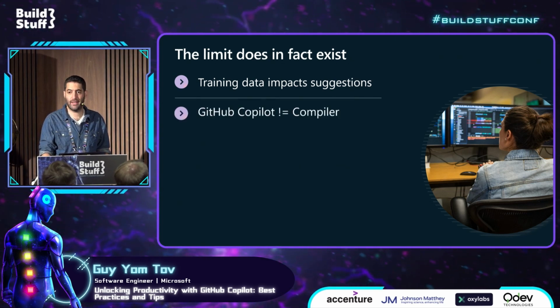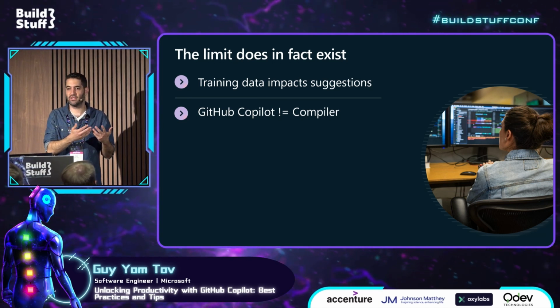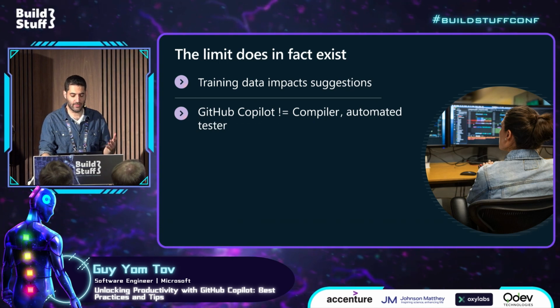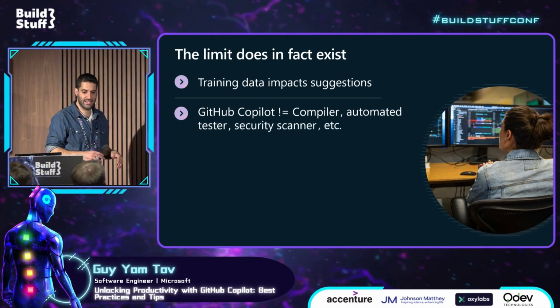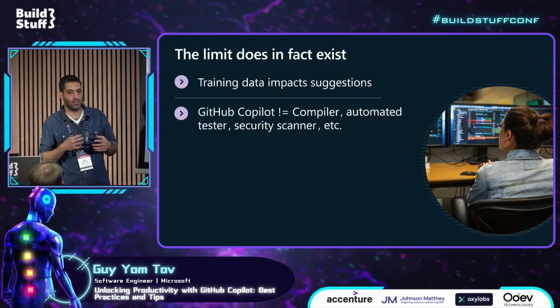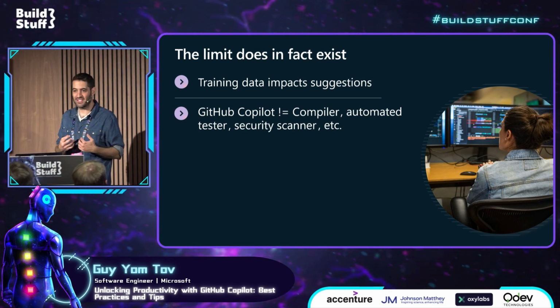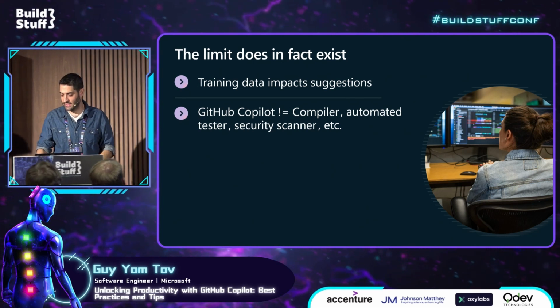Copilot is not a compiler, which means it doesn't run the code that it gives you and make sure it runs. It's also not doing any automations. It's also not doing security review for you, etc. It means, as we always say, you are the main pilot. You have to be in charge of the suggestions you are accepting, and always make sure they fit your needs.